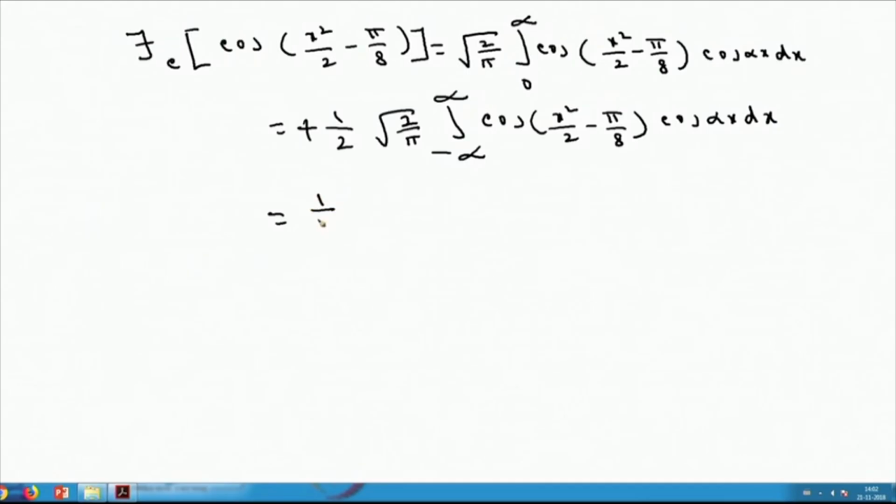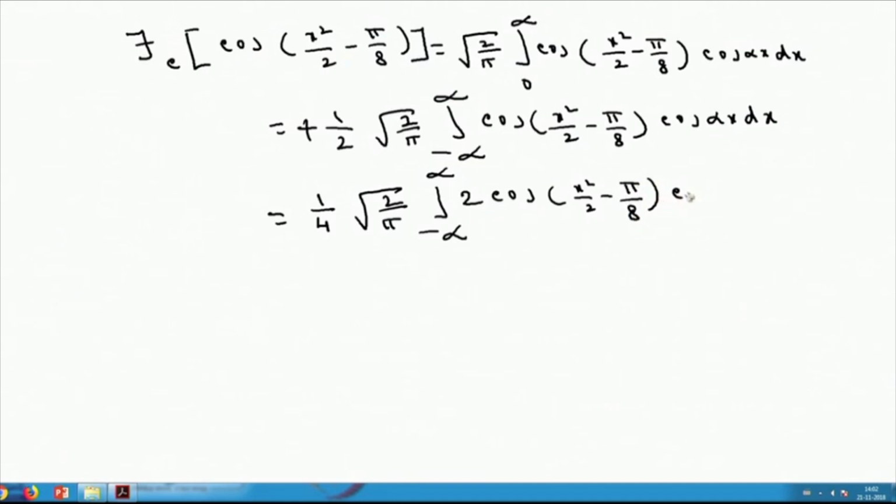This equals 1 by 4 into root over 2 by pi, minus infinity to infinity, 2 cos of x square by 2 minus pi by 8 into cos of alpha x dx. I am multiplying by 2 and dividing by 2, so that the half has become 1 by 4. Now it is in the form of 2 cos A cos B, and I can break it into 2 parts.